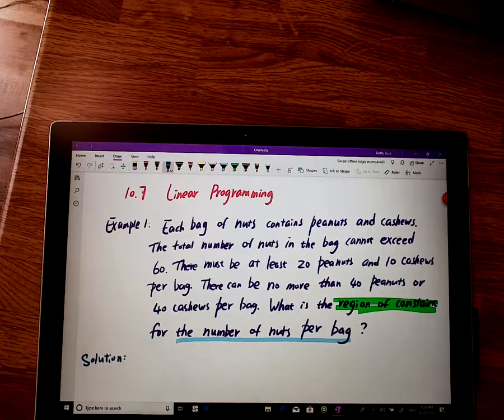The first thing to do is always to bring in variables and use your variables to represent your goal.